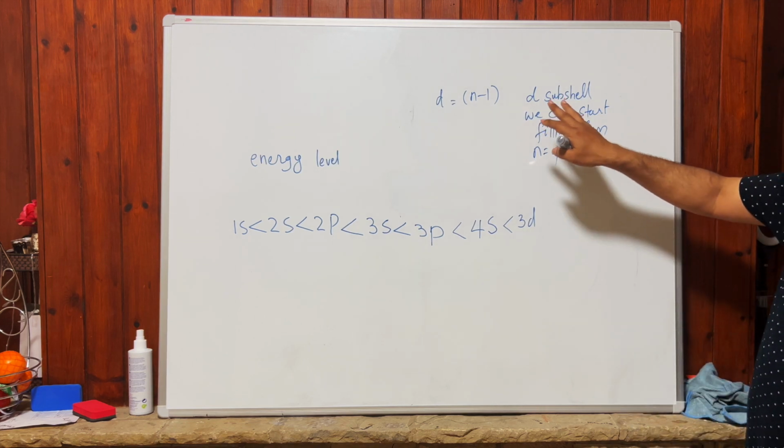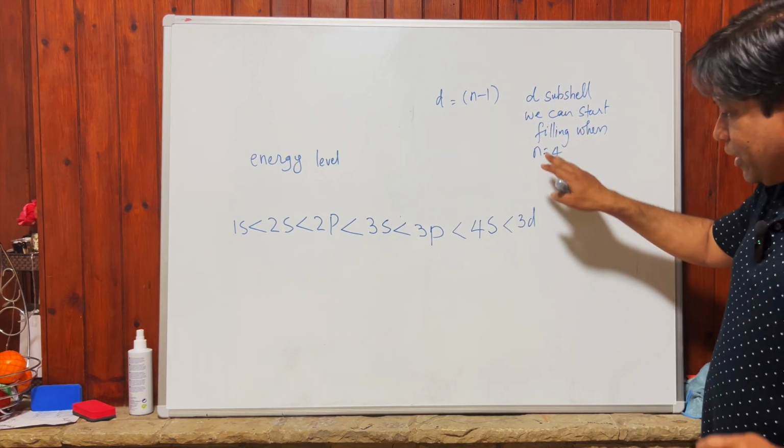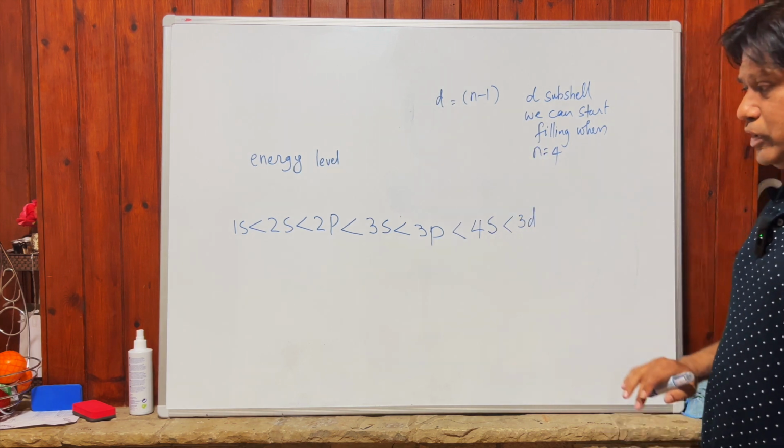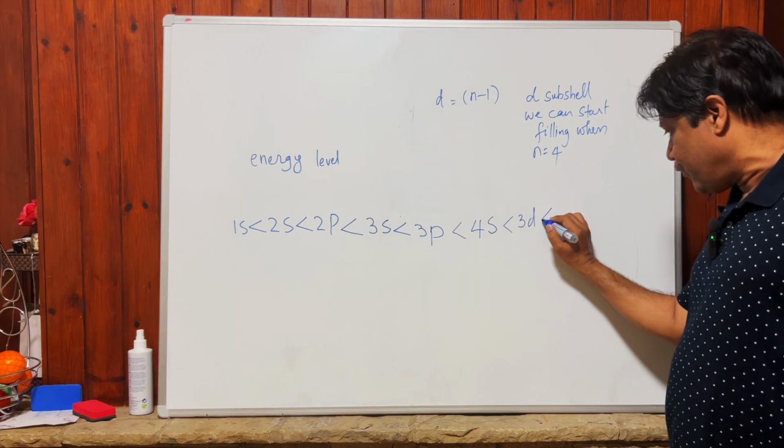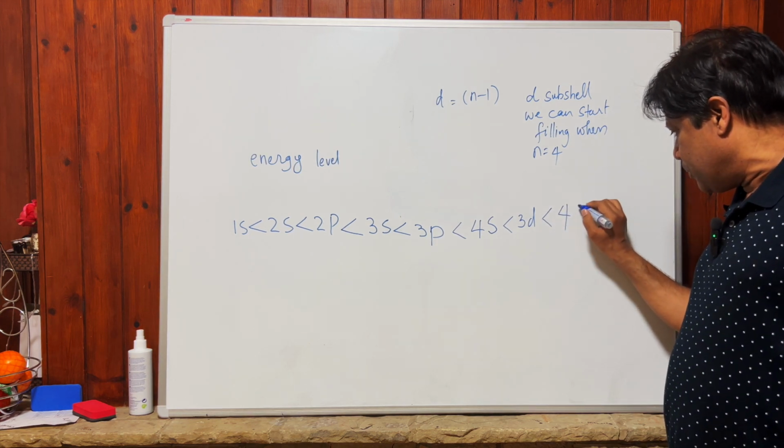So all the shells are completed. When d comes, d is always n minus 1. d is not the outer shell, d is the inner shell. Then we have 4p.